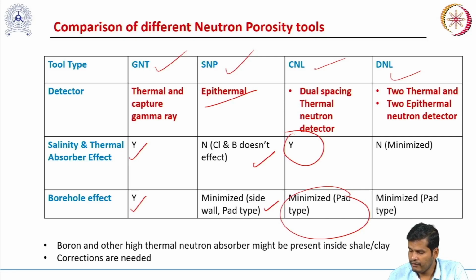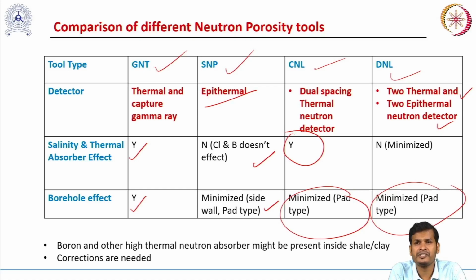In the DNL logging tool, which was developed after the CNL logging tool came into existence, it has two thermal neutron detectors and two epithermal neutron detectors. So again, this is pad type, so it can minimize our borehole effect. By incorporating two epithermal neutron detectors, we can get a good idea of the porosity where these thermal absorber elements are present. So when you are using the porosity calculated by the thermal neutron detector, it will be affected by what? The presence of chlorine, boron and cadmium.